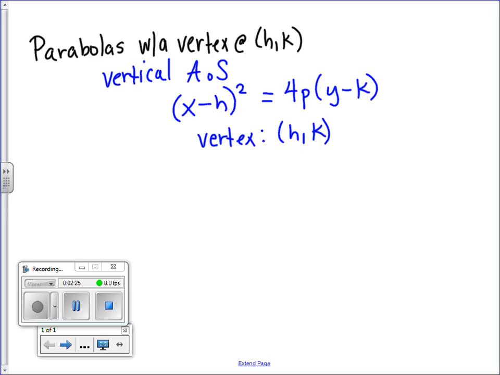Your focus, remember, that's that point inside that parabola that everything goes to. Your focus is at (h, k plus p). Look back on your notes from yesterday at your vertical axis of symmetry, the one where x was squared. Where was the focus yesterday when x was squared?